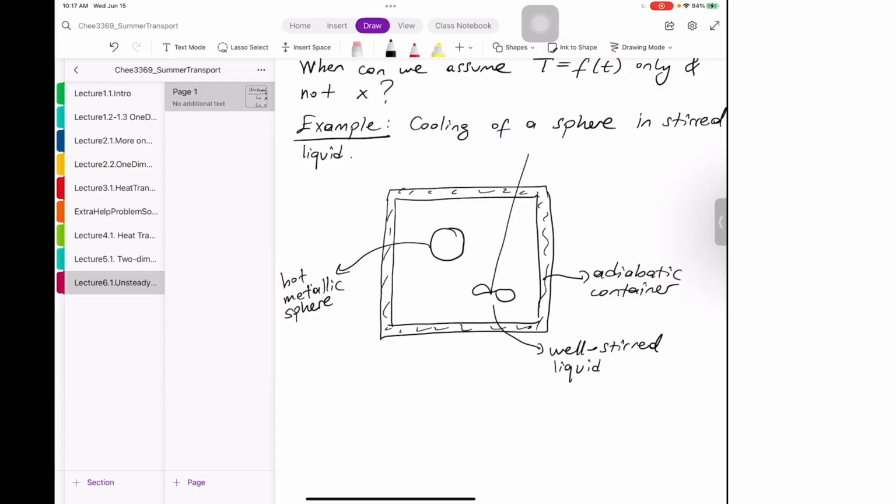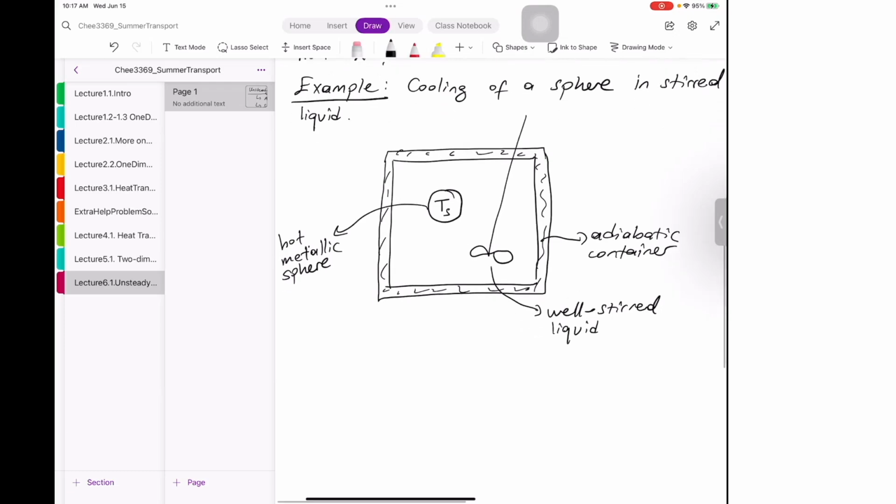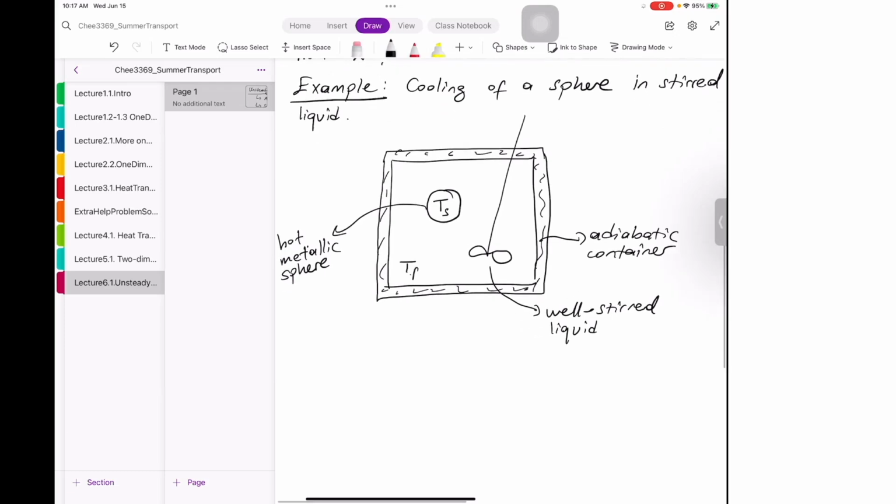You can also have a plastic one, but the reason why I'm putting metallic there is going to be apparent really soon, and it's basically related to our assumption that the temperature only changes with time. Ts, S for the sphere. Temperature of the fluid is Tf, F for the fluid.